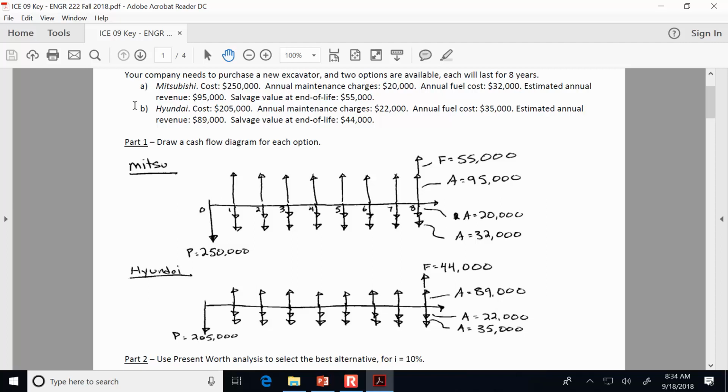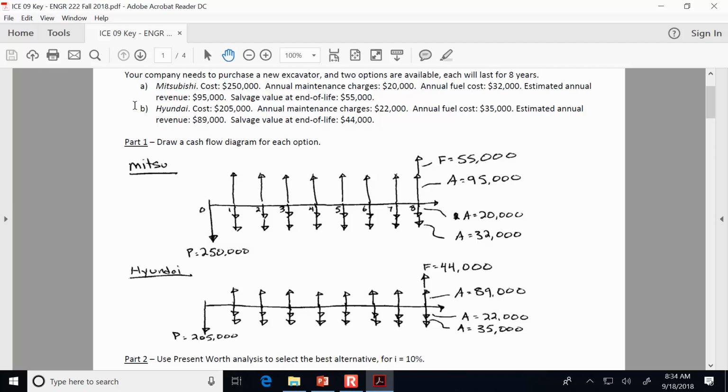It also has lower annual maintenance costs, and it also generates more revenue. Somehow that equipment seems to be more efficient. And because it was more expensive in the beginning, it seems there's a higher salvage value at the end of life. So basically this analysis is asking, is it worth paying the extra amount for the Mitsubishi?